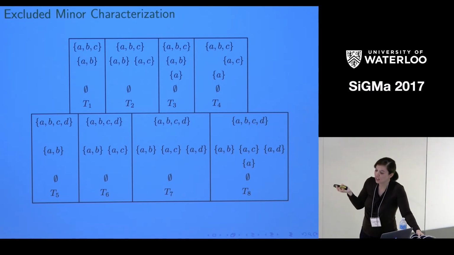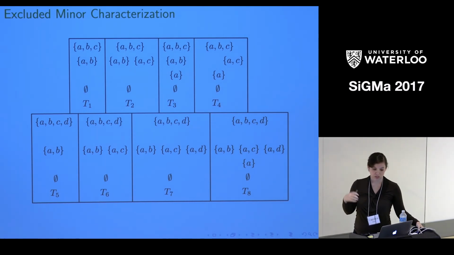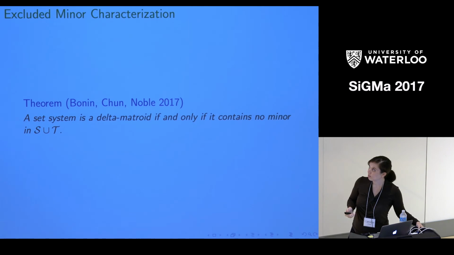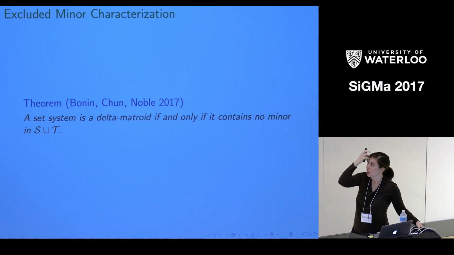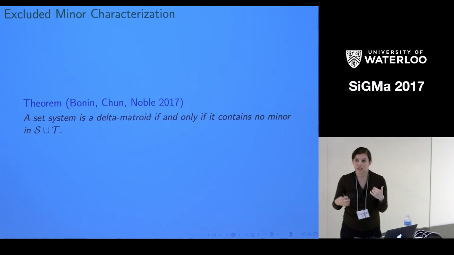So each of these is a set system that is not a delta-matroid. All of its minors are delta-matroids. So these are also excluded minors. And we're going to take all the partial duals of these set systems, which are just related to these. And you can characterize all of the delta-matroids using these excluded minors.